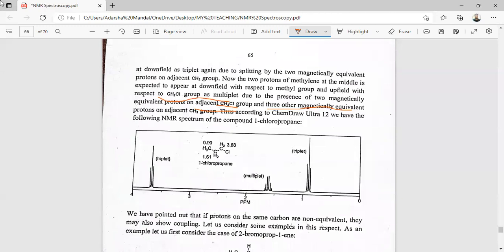This is the NMR spectrum. Here the CH2Cl comes at 3.63 as a triplet, the CH3 comes at 0.90 as a triplet, and the middle CH2 comes as a multiplet at 1.61. So the peak intensity is 2:2:3.